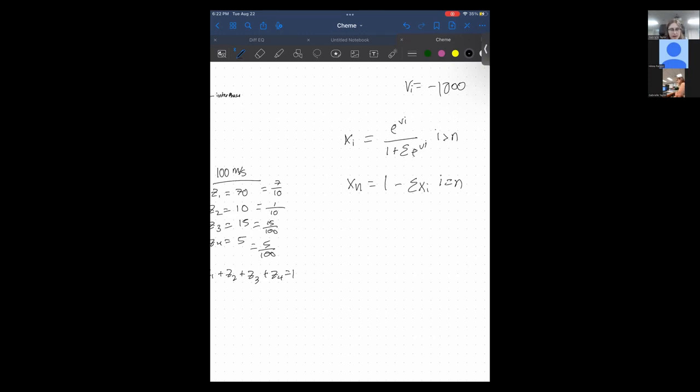And then let's look at our x of n. So our x of n is going to be our last component mole fraction, and it's going to be 1 minus all of these tiny numbers that we have together. So what this means is all of these things added up together will equal 1, which is one of our rules that we need to know.